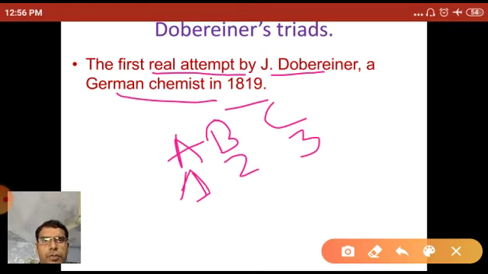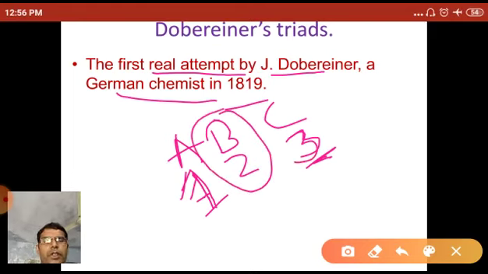They detected that the average atomic mass, or the mean atomic mass, of the first element and the third element is equal to the atomic mass of the second element.